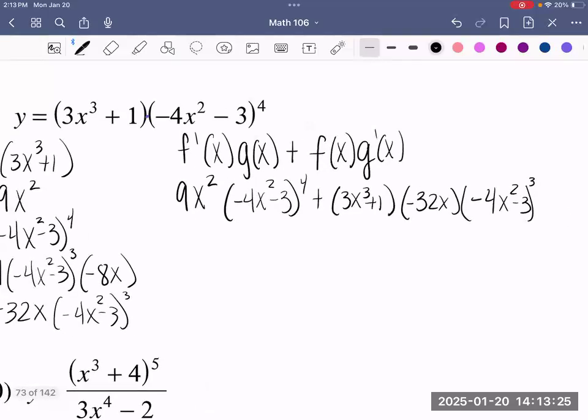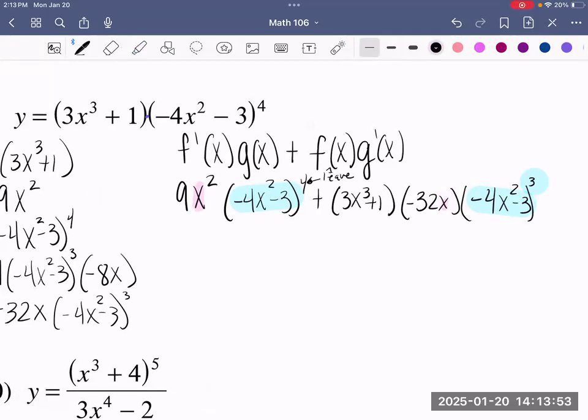Now let's see what we can simplify. We can take out an x for sure. We can also take out some of these right here, and we'll only take out 3, so we'll leave behind just 1. And that should be it there.